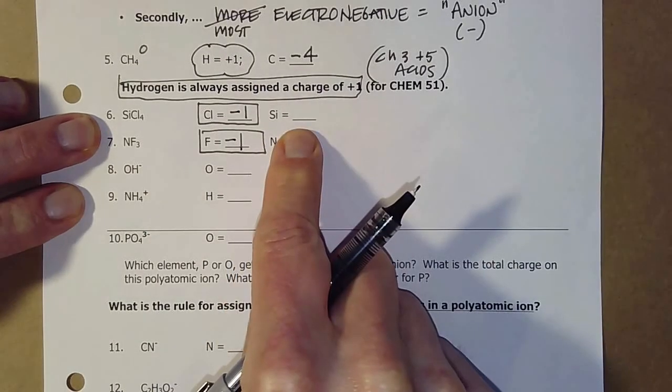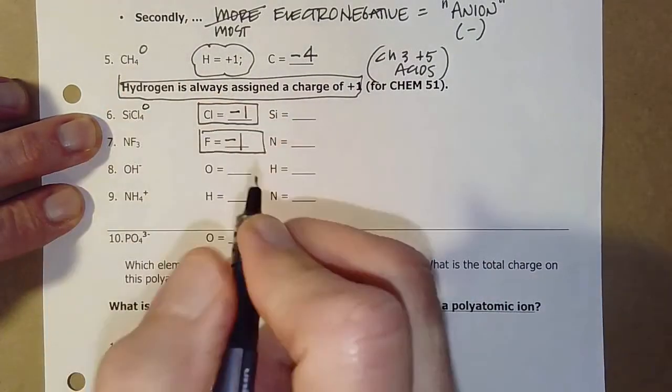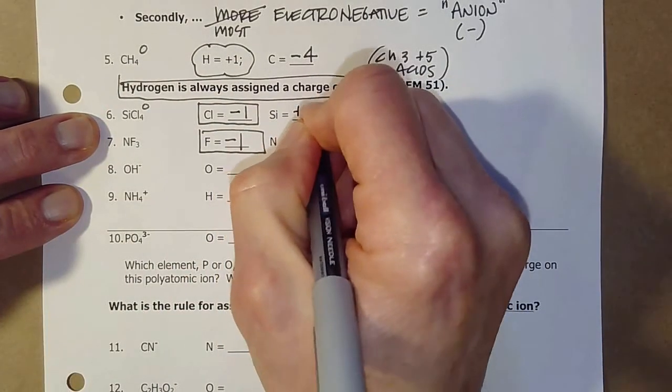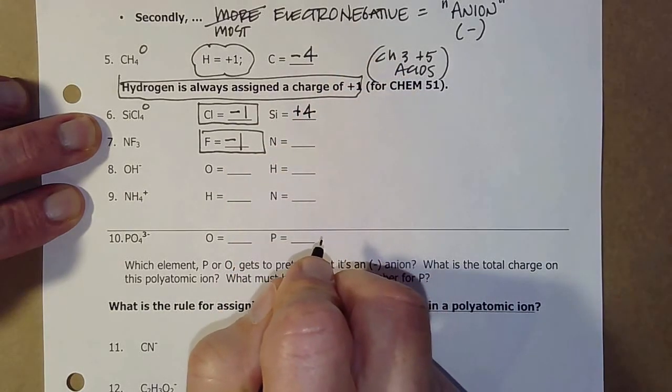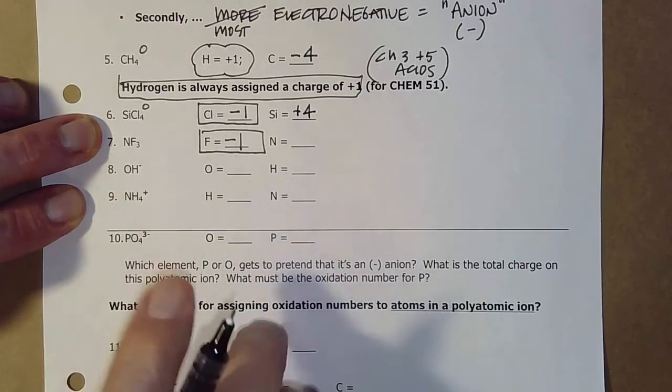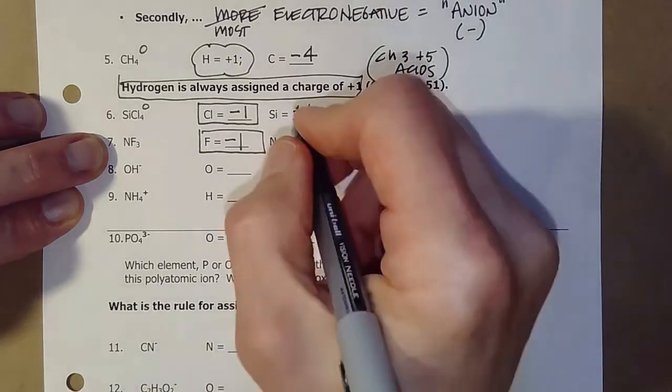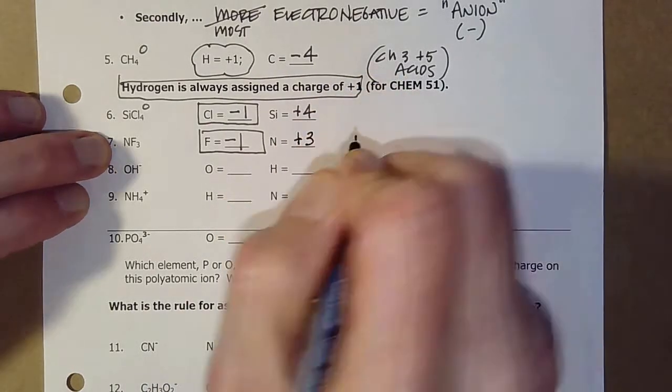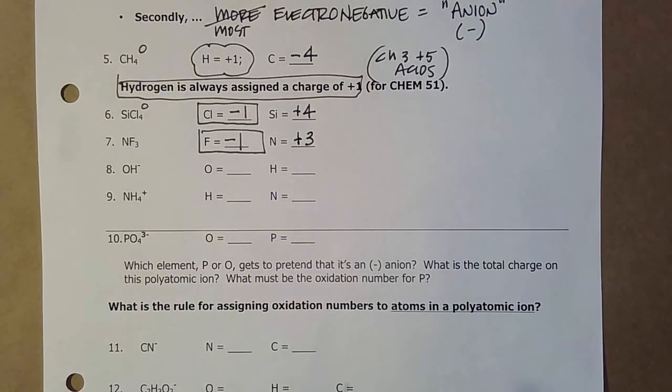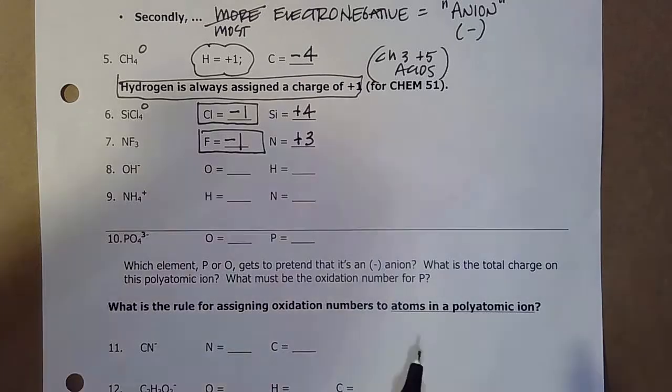What does silicon have to be to make that 0? +4. Fluorine's -1. What does nitrogen have to be to make that 0? +3. Now, if that doesn't make sense, stop the video, think about that. Oh, wait, how does that work? Oh, yeah, because the total charge is going to be 0.